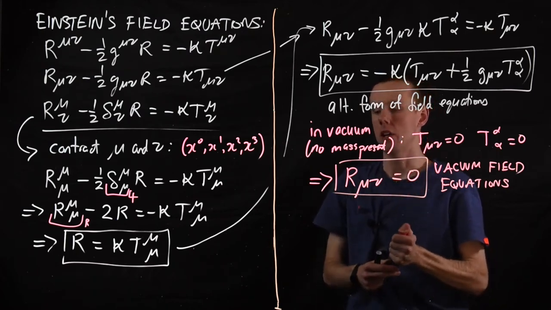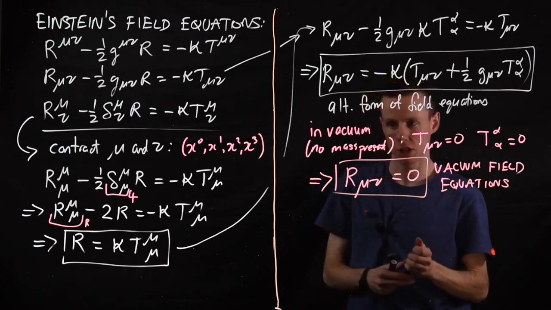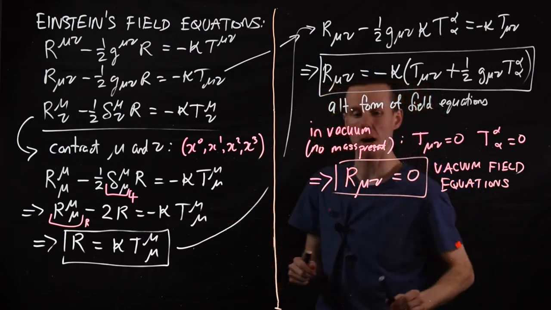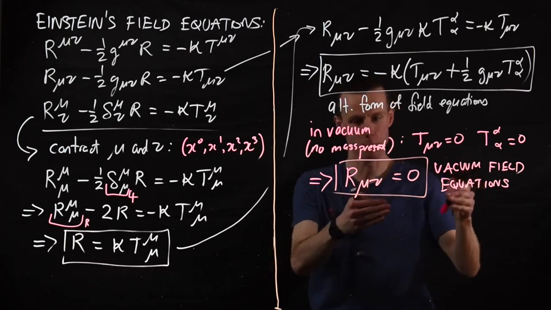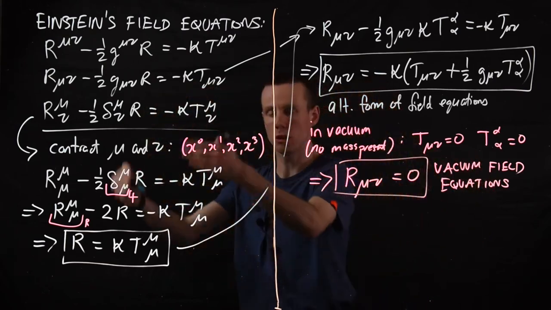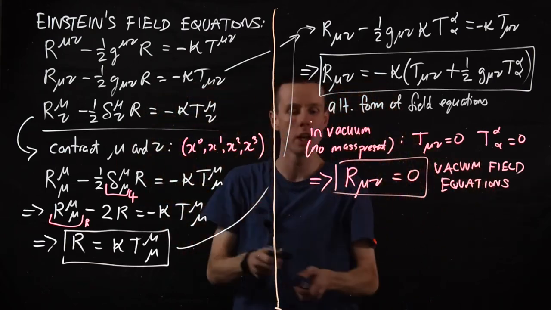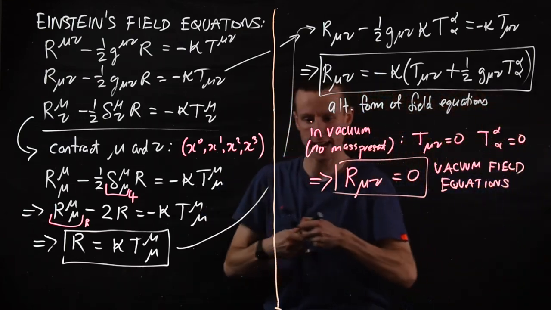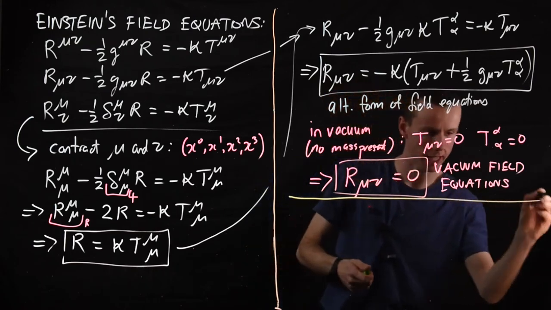Now the last thing I want to say then in this video is just a little bit about this constant kappa. So now just going back to the full field equations, not just the vacuum field equations. I want to say a little bit quickly about kappa.